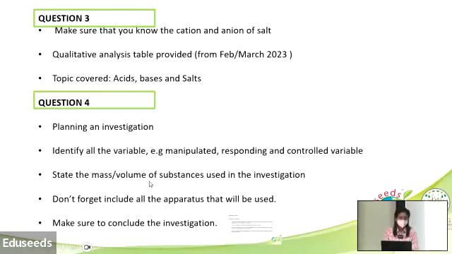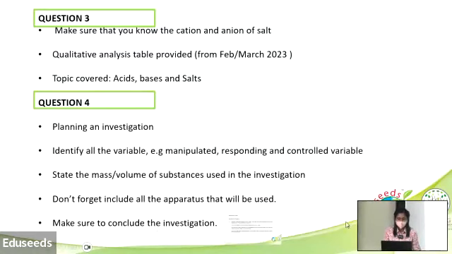You need to state the mass or volume of substances used in the investigation. Don't forget to include all the apparatus that will be used. Although it's a small apparatus, you need to write it in the investigation when you're writing the answer. Make sure to conclude the investigation.